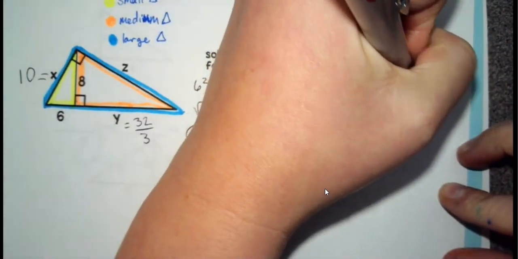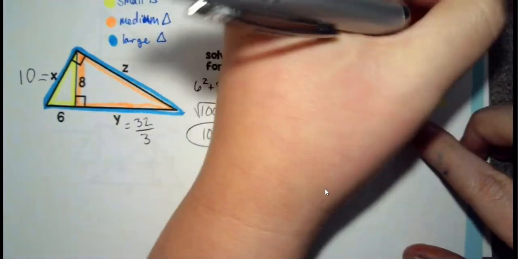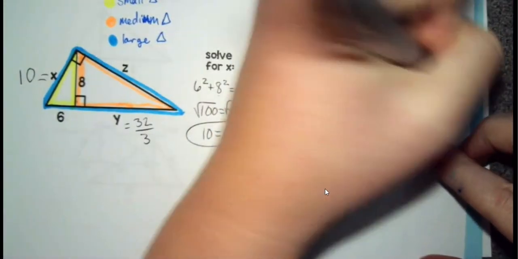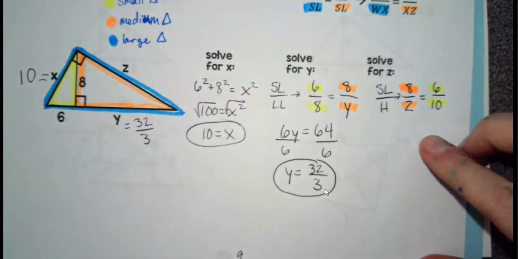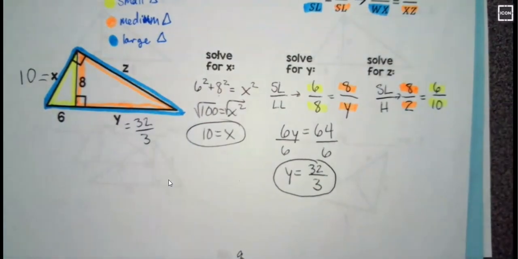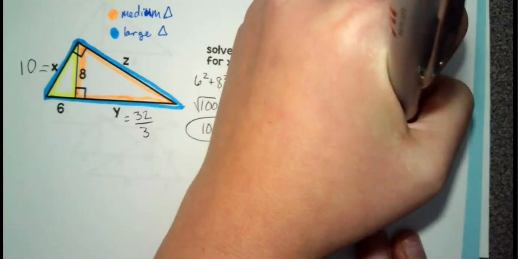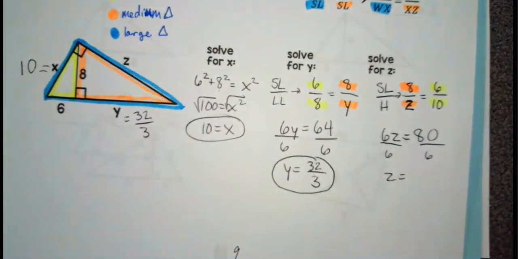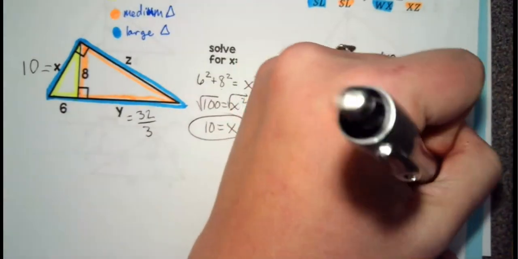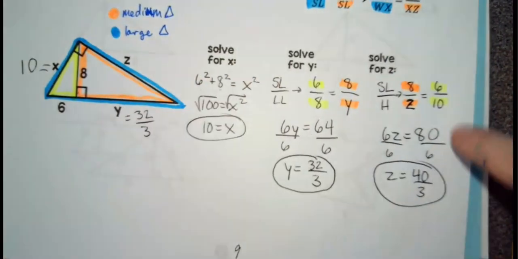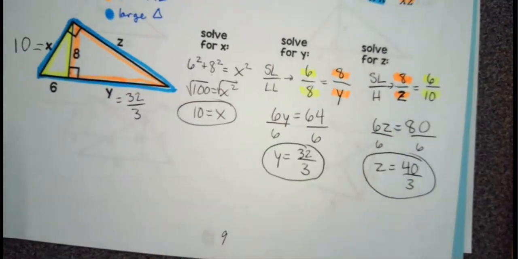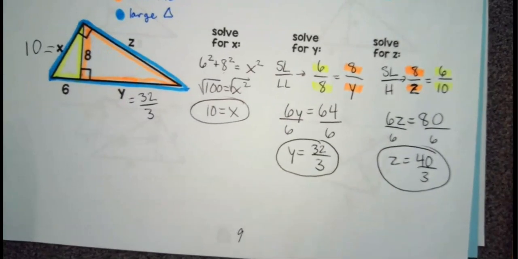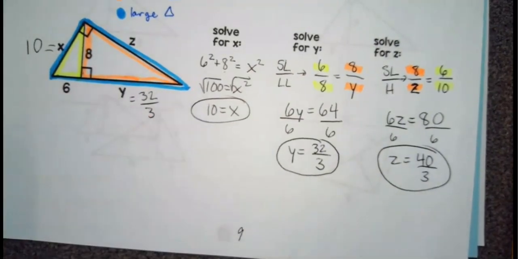So 8 over z, and then 6 over 10. Z is 40 over 3. So this is easier than putting it into Pythagorean theorem and having to figure all that out.